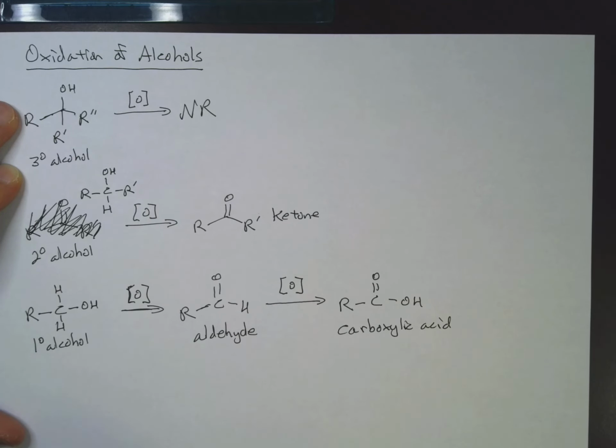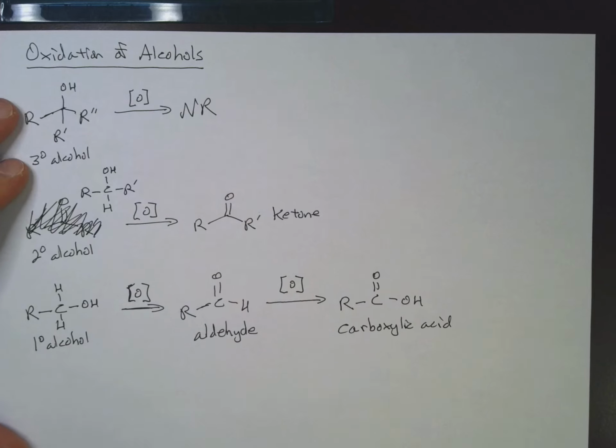But then there's another one called Oxone, which is a sulfur-containing compound, a mixture of different sulfur-oxygen compounds, and you add in sodium chloride, and it actually makes chlorine that will then oxidize the alcohol, and it's pretty gentle.